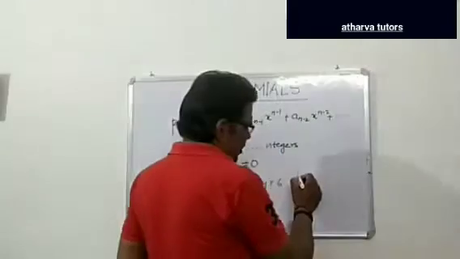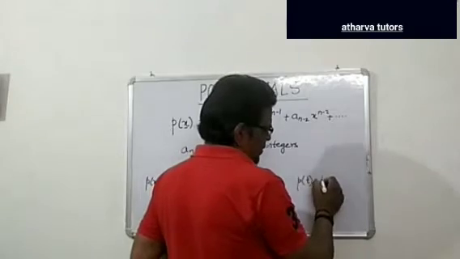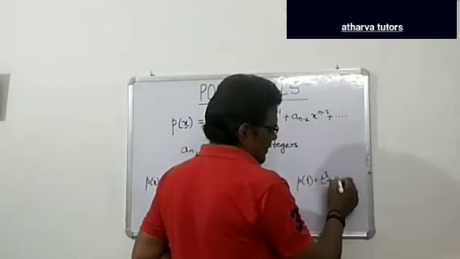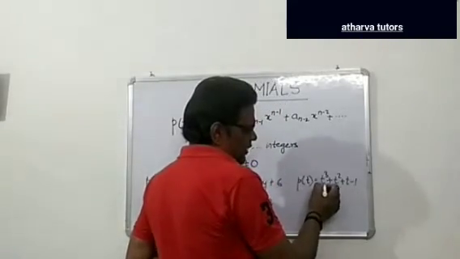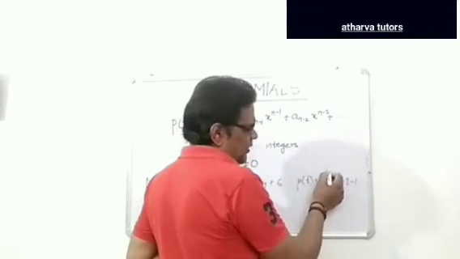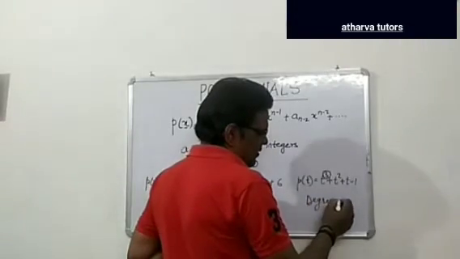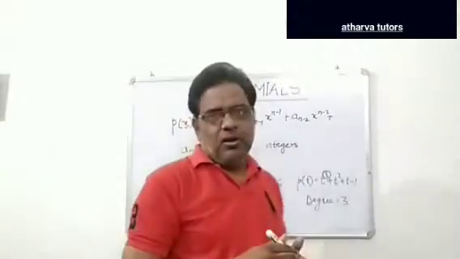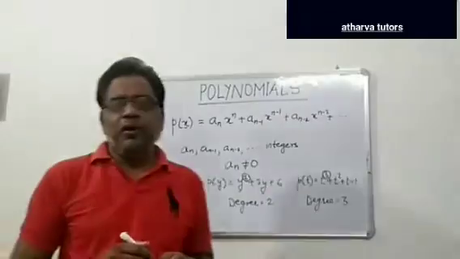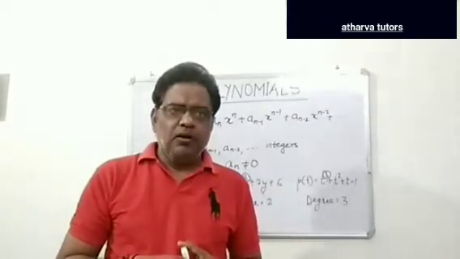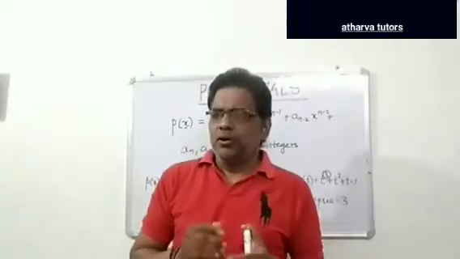Similarly, if you had some polynomial with variable t such that it was like this, now here the highest power of the variable t is 3, so you had said that its degree is 3, and so on. This way, you had discussed degree of the polynomial.